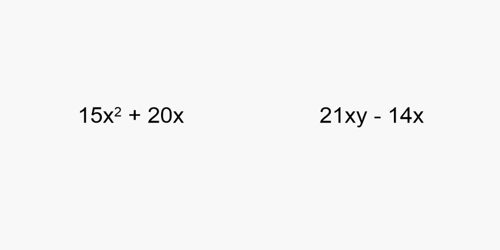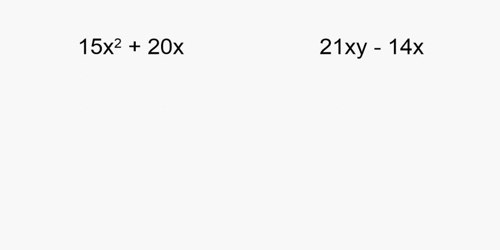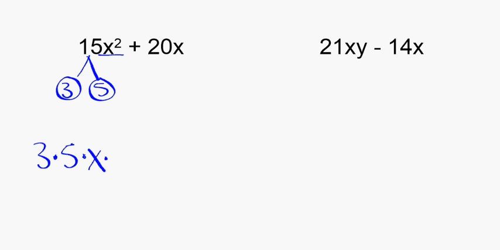Next, we have a 15x squared. So let's factor our 15. That is the same as 3 times 5, where both are prime. And since this is x squared, I'm going to separate those x's as well. This is 3 times 5 times x times x.